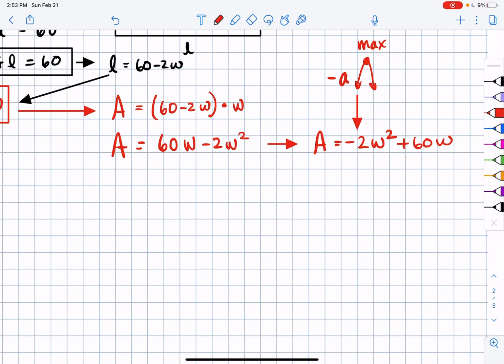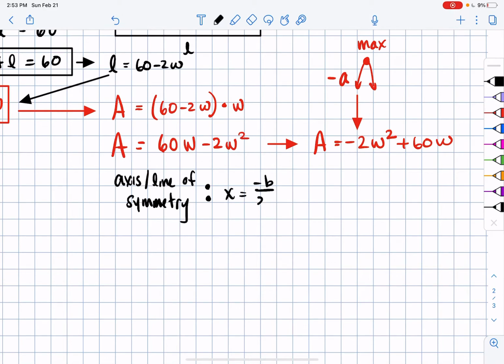So to find that vertex, what I need to do is find the axis of symmetry, right? So let's go back to the black ink here. So the axis or line of symmetry, okay? So that is x is equal to negative b over 2a.